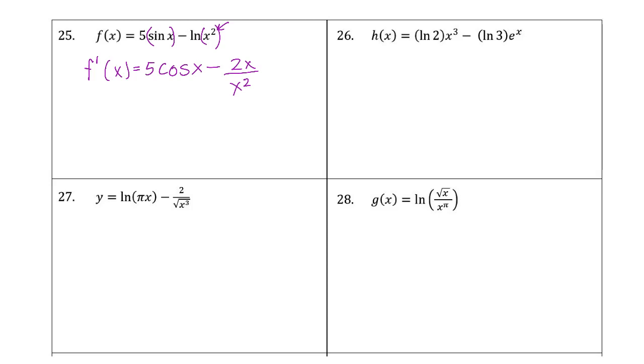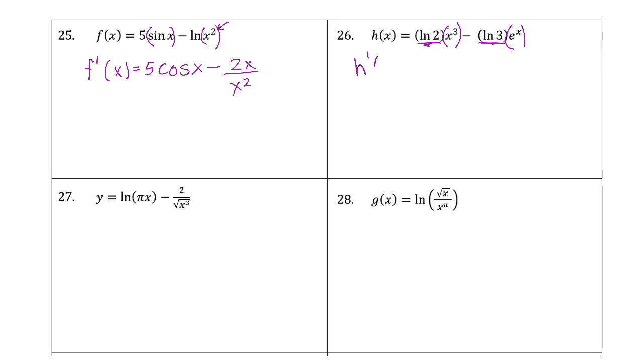Now for these, this natural log of 2 and natural log of 3, that's just like having a 2 and 3 sitting there. Those are just coefficients. They're meant to throw you off. So we're really dealing with these derivatives, and these values are just going to sit there.